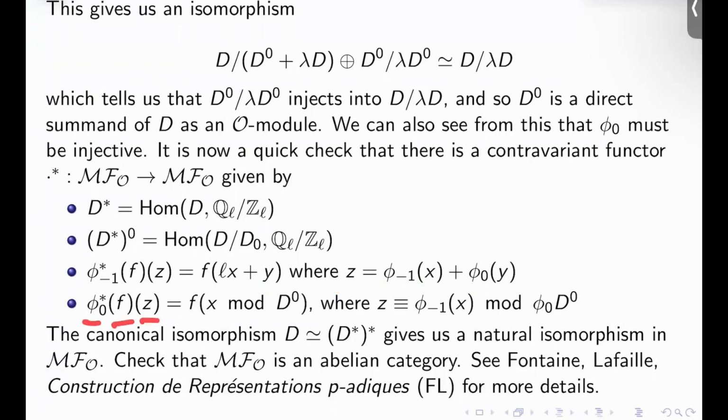And phi star_0 of f of z is f of x mod D0, where z is equivalent to phi_{-1}x mod phi_0 of D0. There's a canonical isomorphism D with D star star, which gives me a natural isomorphism in MF_O. And then you can also check that MF_O is an abelian category, and so we can do all the usual homological algebra there. And for all the stuff I've said so far, I'll just refer you to Fontaine's paper here.